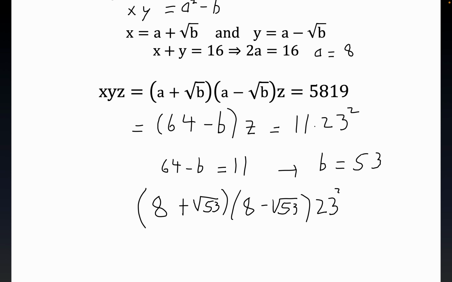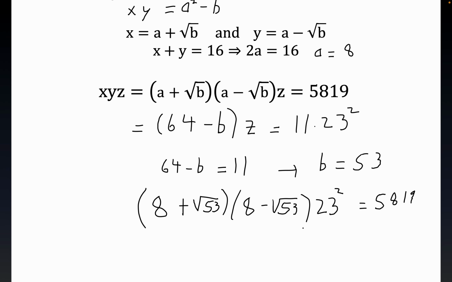Because we already did the computation up front, we can just say that's equal to 5819. You may be wondering, don't we need a calculator? Nope. We know 8 plus root 53 times 8 minus root 53 is 64 minus 53, which is 11, times 23 squared. So the prime factorization gave us some leverage in terms of the computations we'd have to do at this stage.